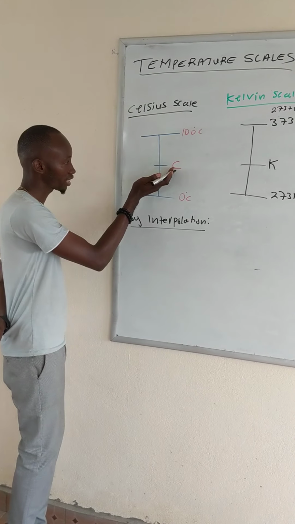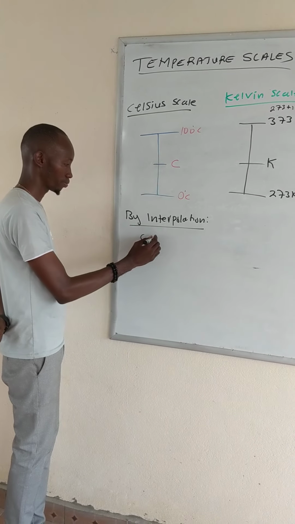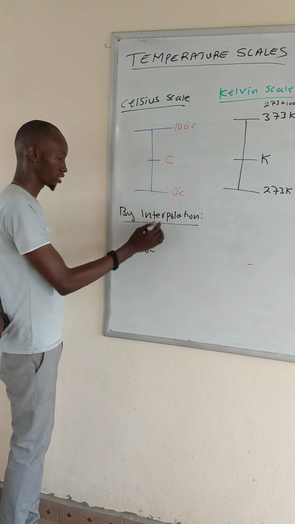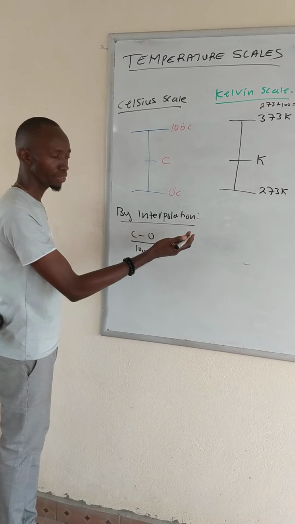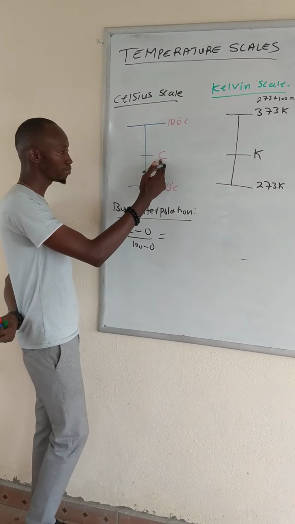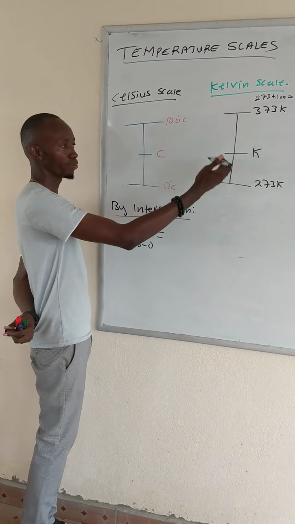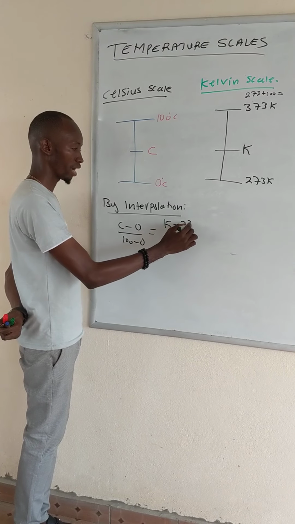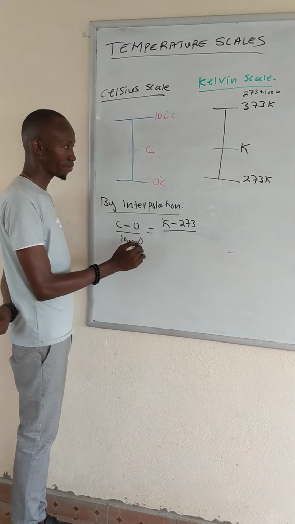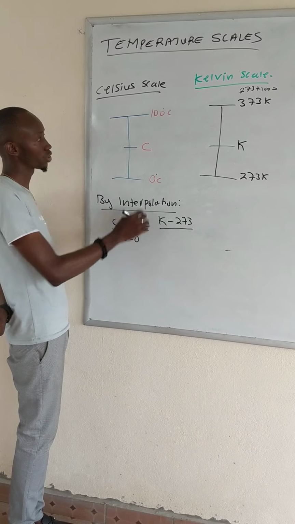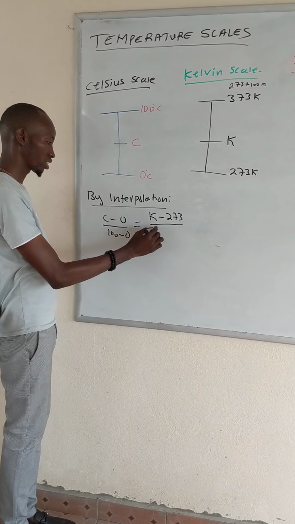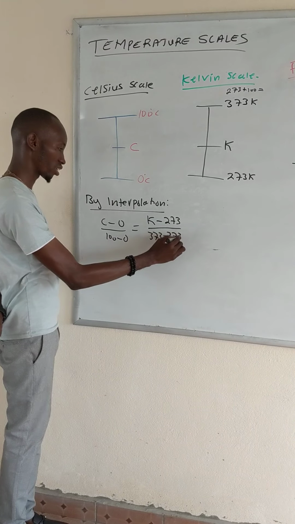If we start with C minus 0 over 100 minus 0, we have to do the same on the other side: K minus 273 over 373 minus 273.